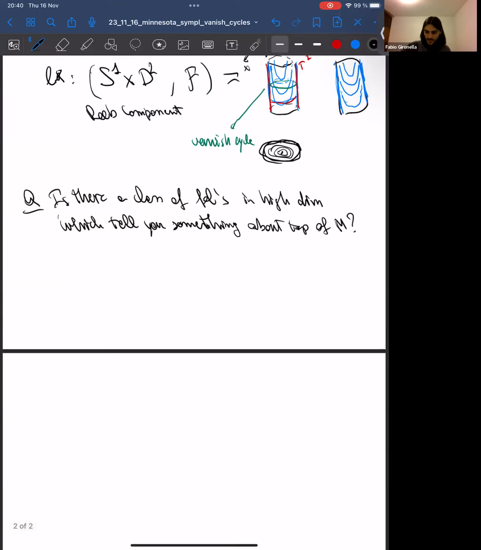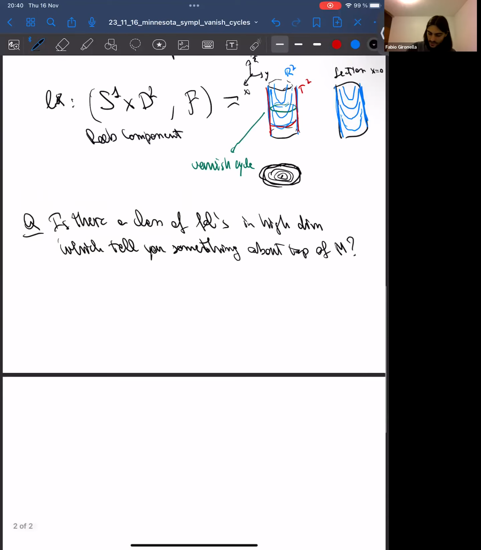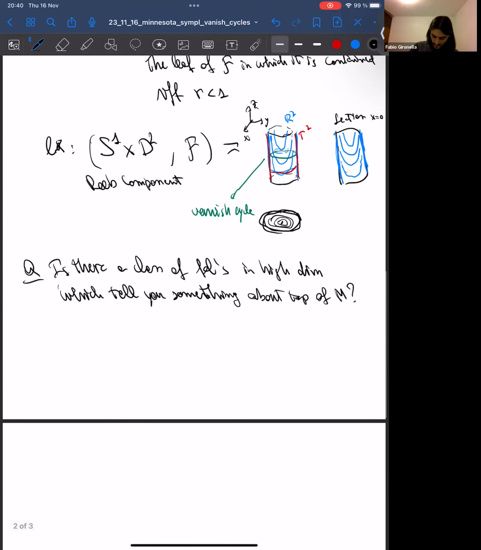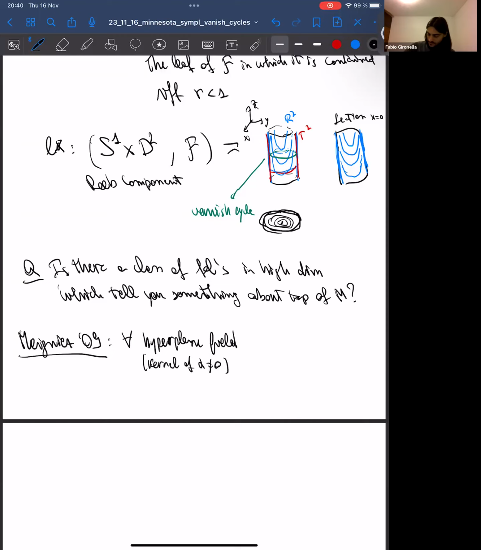And okay, so let me mention straight away that taut foliations in high dimensions are not the right thing to look at. So there's this result by Meunier, this is 2009, who says that, in dimension at least, okay, let me state it like this. So every hyperplane field, which just means the kernel of a nowhere vanishing one form, is homotopic in the space of hyperplane fields.